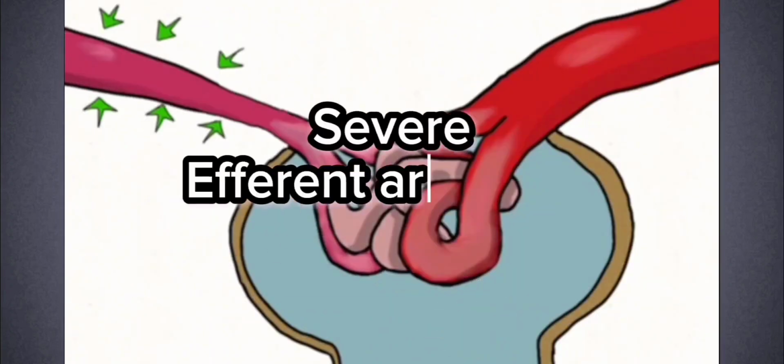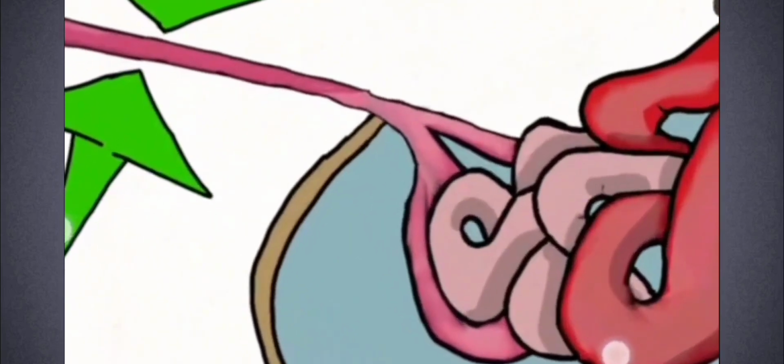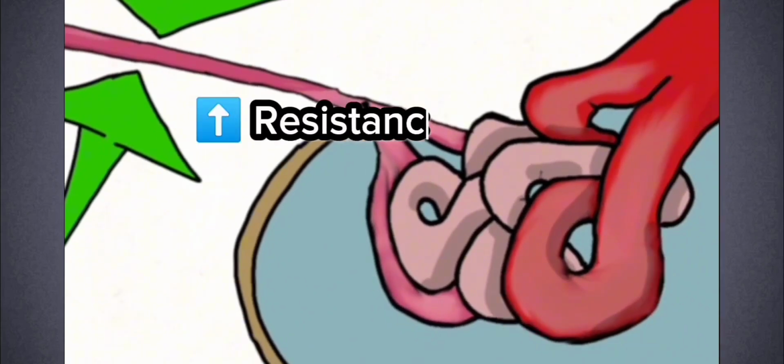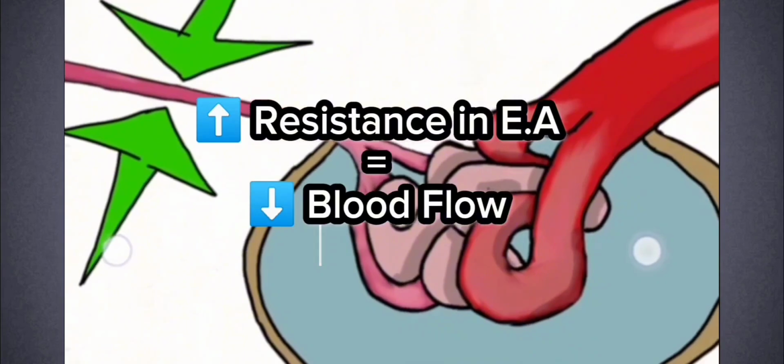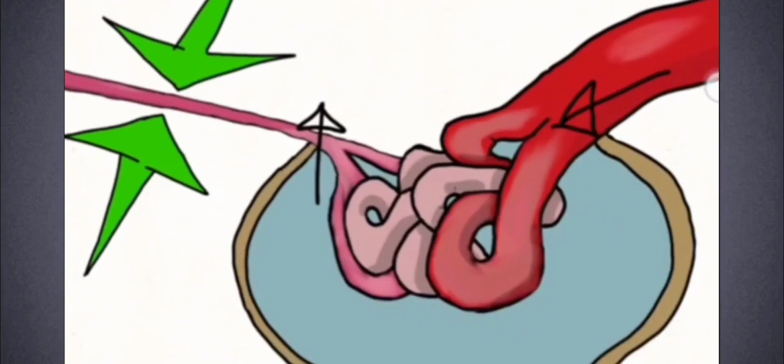Severe efferent arteriolar constriction causes very high resistance, which significantly reduces blood flow into the glomerulus. This leads to low plasma flow, and since the flow becomes very slow, the filtered fluid moves faster than proteins, causing protein accumulation and a rise in oncotic pressure.